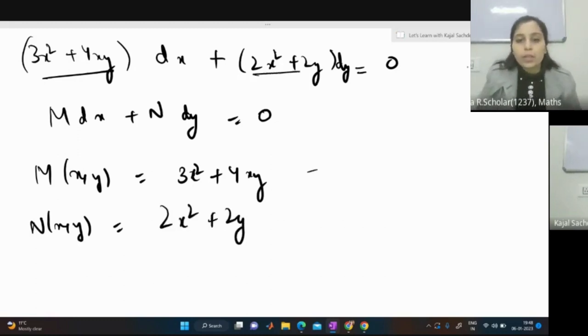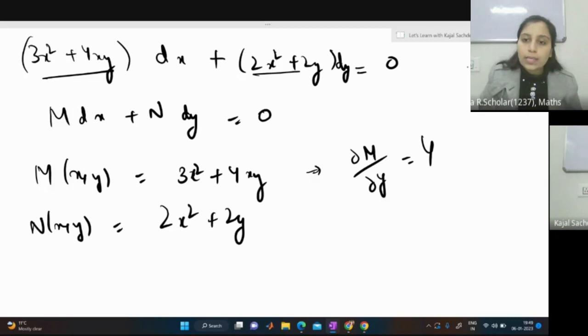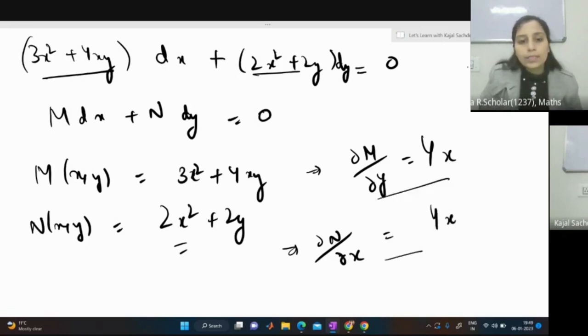So first check, is this equation exact or not? So checking partial M upon partial y, that is equal to 4x, and from here partial N upon partial x, which is also equal to 4x. So both are equal. It means the given equation is exact.